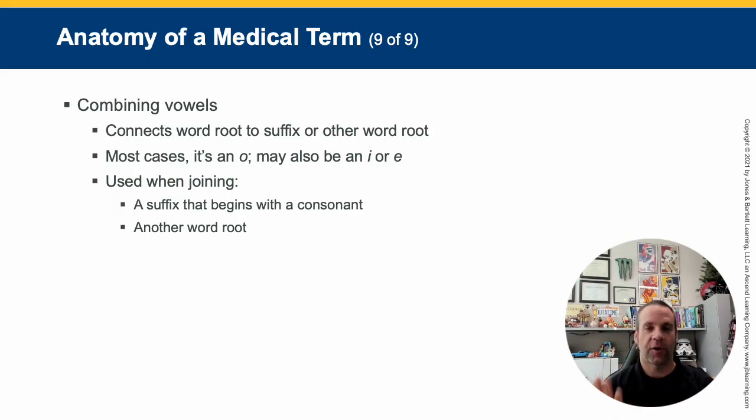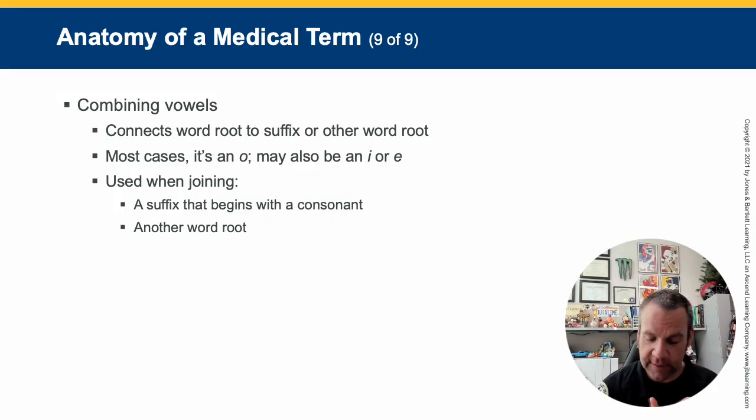Another example is cardiopulmonary, which we just talked about. Cardi refers to heart. Pulmon is lungs. -ary is pertaining to, with a combining vowel of O between the roots. So the result is pertaining to the heart and lungs. If you notice, the O kind of acts like a bridge or a glue that binds the terms together smoothly.